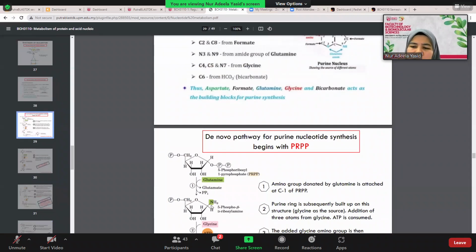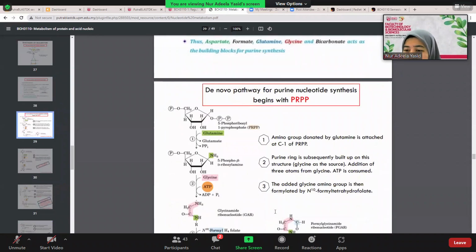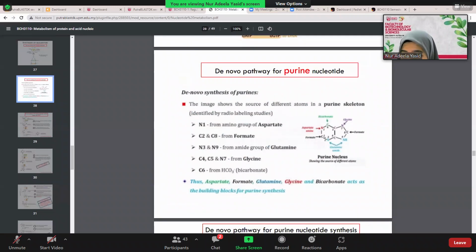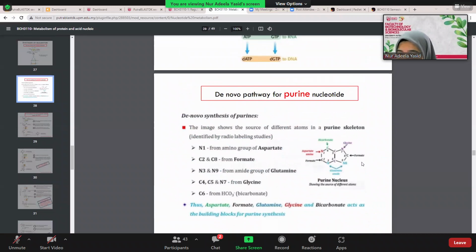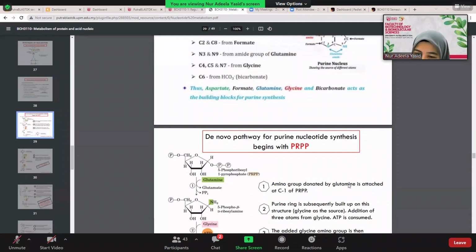The first step involves formation at which carbon? Carbon 1 of PRPP, for example. Not that, this one involves glutamine. Where does glutamine go? Is it carbon 3 or carbon 9? Carbon 9 first, right? Because it attaches to the ribose in purine. So that you understand that.